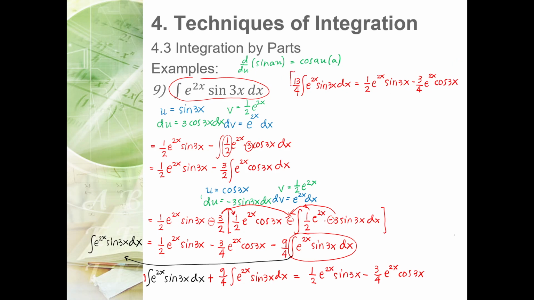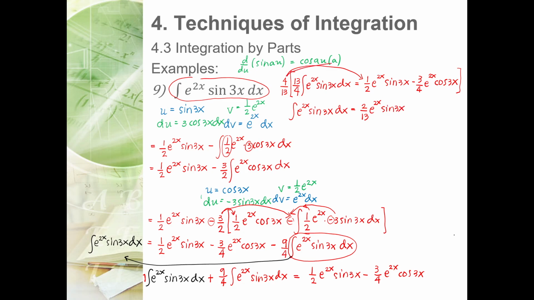So multiply everything by 4 over 13. So the answer is the integral of e to the power of 2x sine 3x dx is equal to 4 over 13 times 1/2, that will be 2 over 13 e to the power of 2x sine 3x.